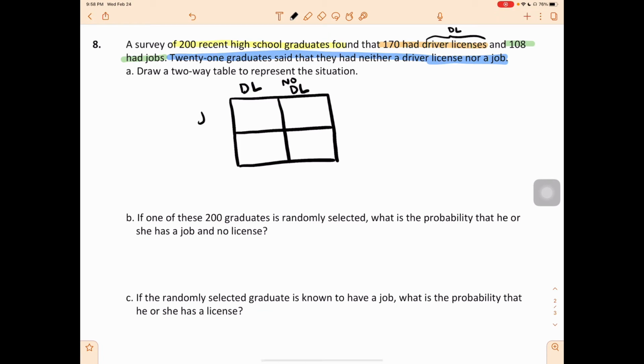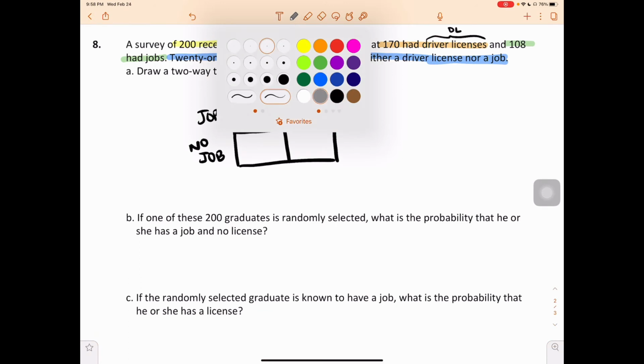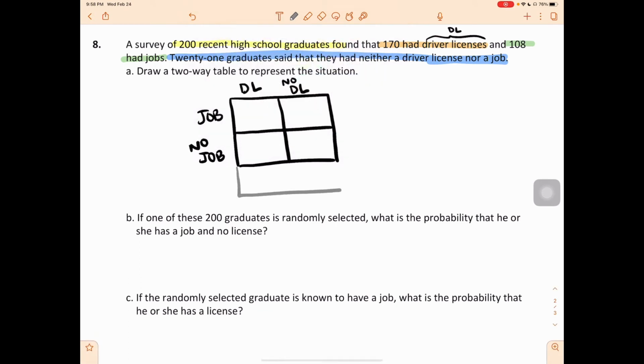And it's either that they had a job or they do not have a job. So this is how you would set it up. And then you would realize, oh, I need a total row and column for this problem. Anytime you have a table and you're talking about probability, you're definitely going to want a total row and column.